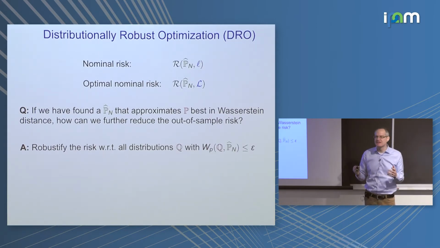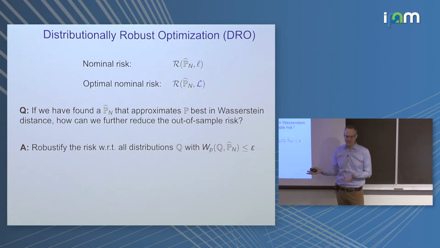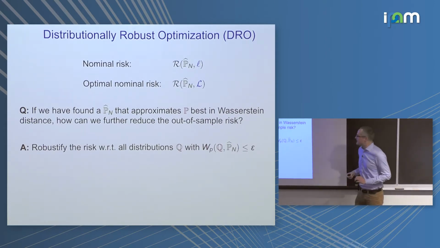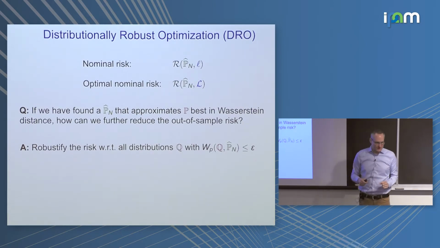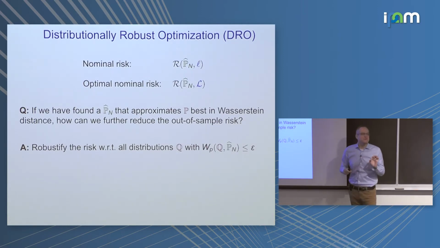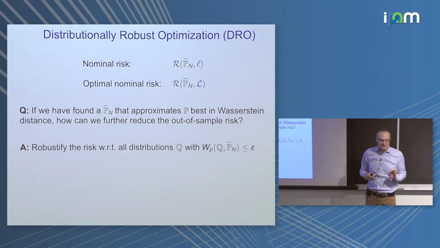I mean, there are things like Cramer-Rao bounds, and beyond a certain point, we just cannot improve the estimator further. Now, it turns out that once we've exhausted the possibilities of choosing a good estimator, we can still further improve the out-of-sample performance of our optimal decision, so the optimal loss function, by changing the optimization problem itself.